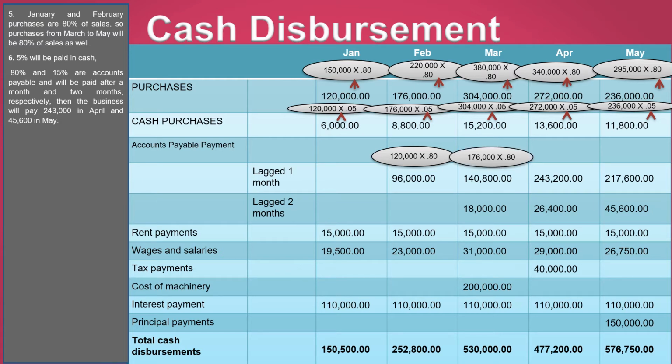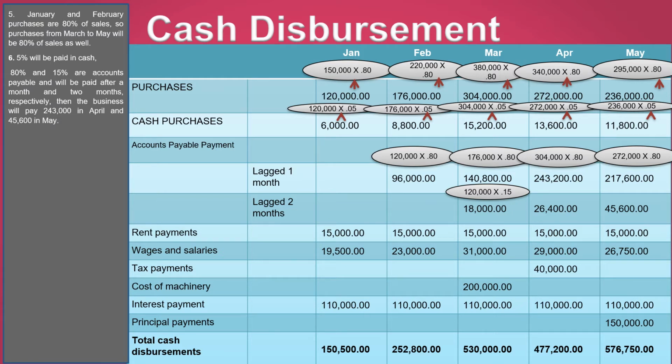And then 140,800 is the 80% of our February purchases, and so on and so forth. Now, the remaining percent, which is the 15%, will be paid after 2 months. So we'll get the 15% of our January purchases, and it will be posted after 2 months, which is for the month of March.